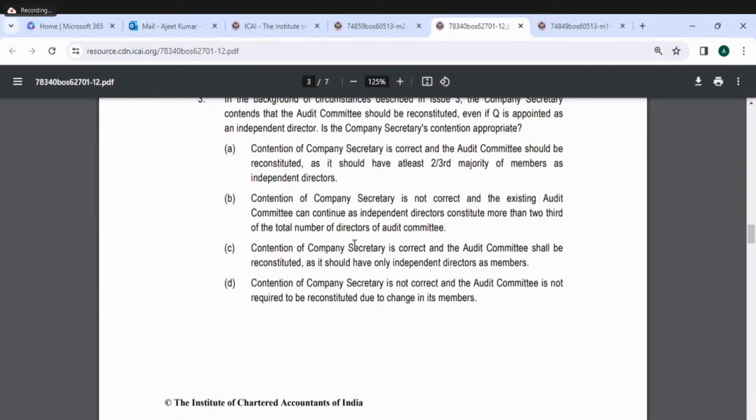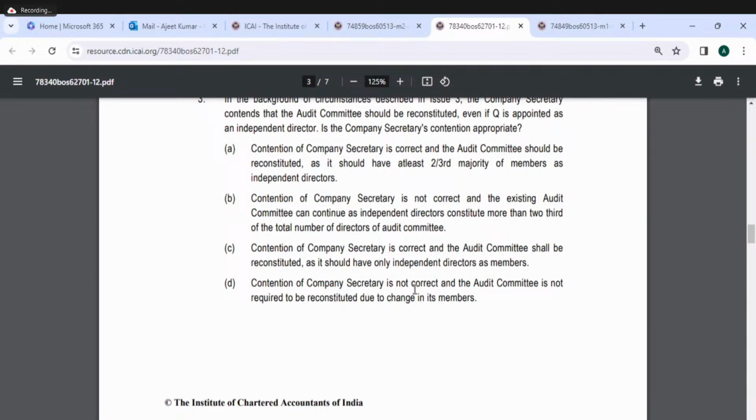So now I can obviously get confused: I know this audit committee has to be reconstituted, but which option is correct? Let's start from option D. Contention of company secretary is not correct as the audit committee is not required to be reconstituted due to change in its members. If I have understood the issues correctly, I am damn sure that this is not a correct option, because we know that the audit committee is to be reconstituted.